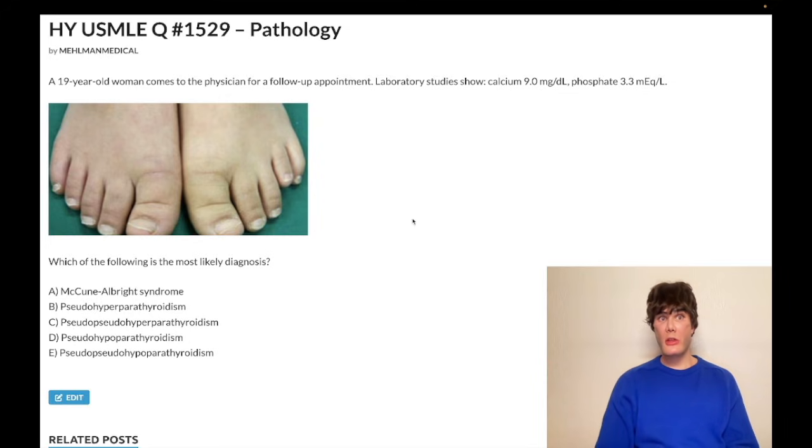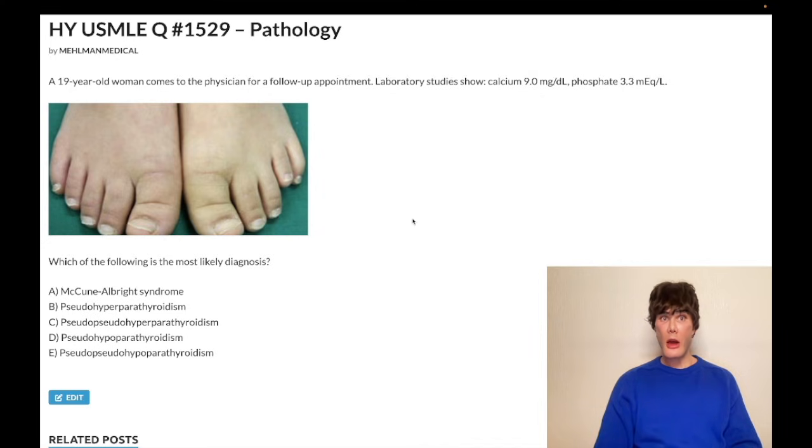Okay, so from a clinical standpoint, you essentially start off by the clinician is going to note the Albright hereditary osteodystrophy phenotype. Okay, and then your first inclination is it's going to be pseudo. You check the labs, it's not. You say, holy shit, it's pseudopseudo, even more rare. Got it?